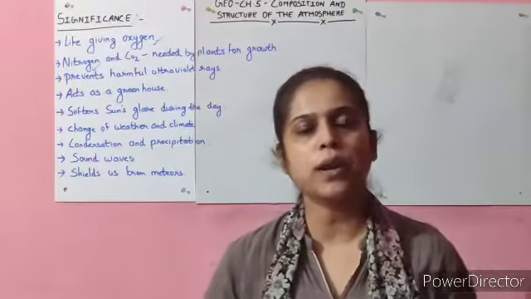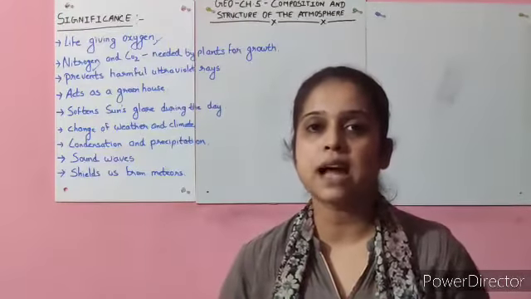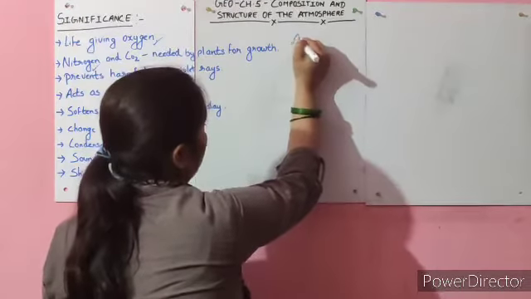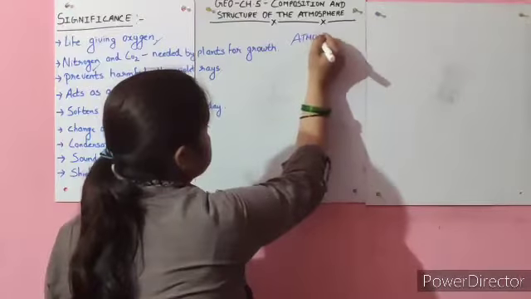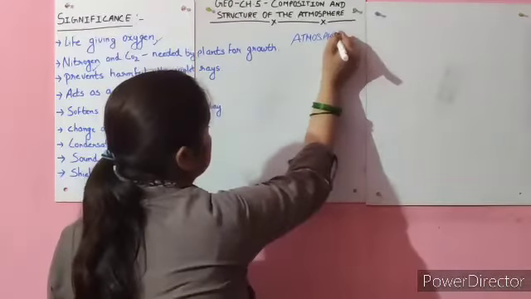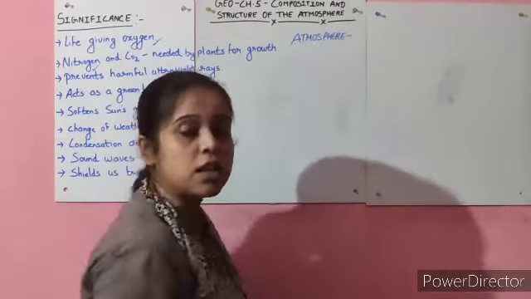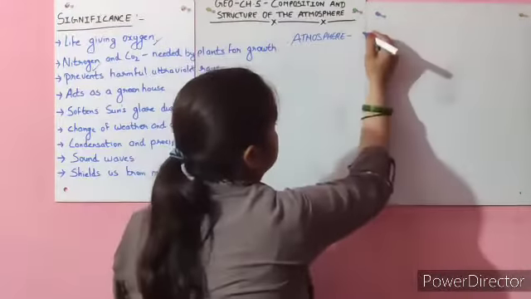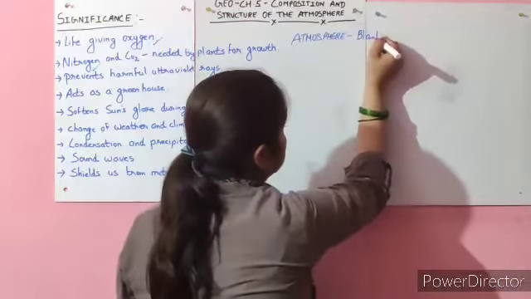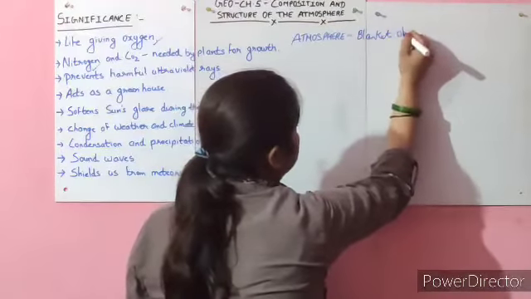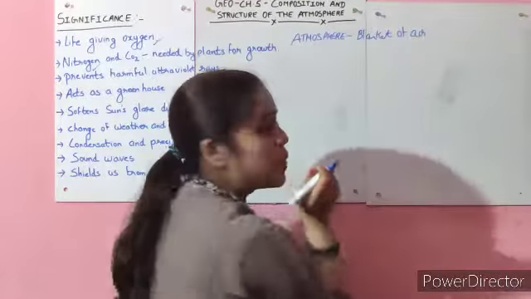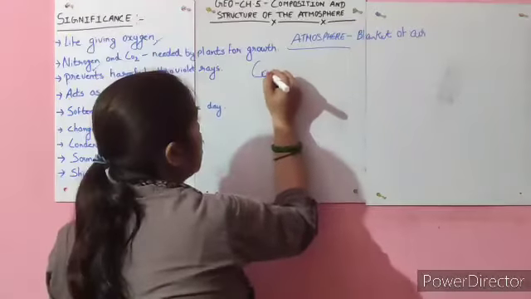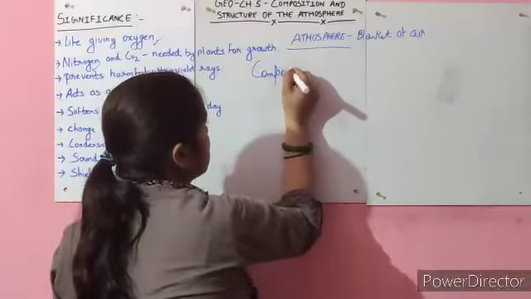Now let us have a quick recap on what all we studied in this chapter. We started our chapter with what is atmosphere, right? And what is atmosphere? What did I tell you? A blanket of air around the earth. You remember this? After atmosphere, we moved to composition.